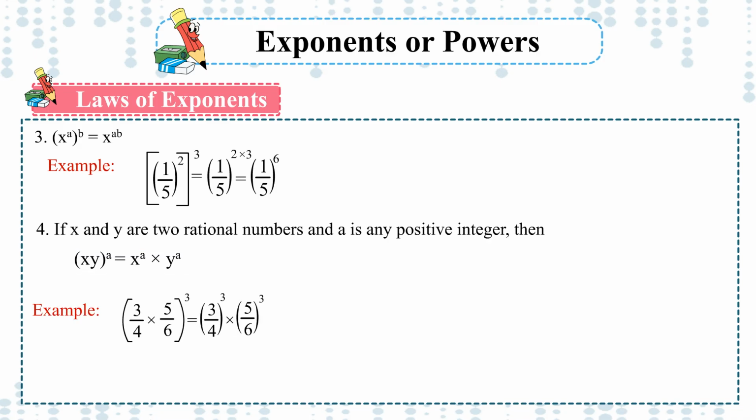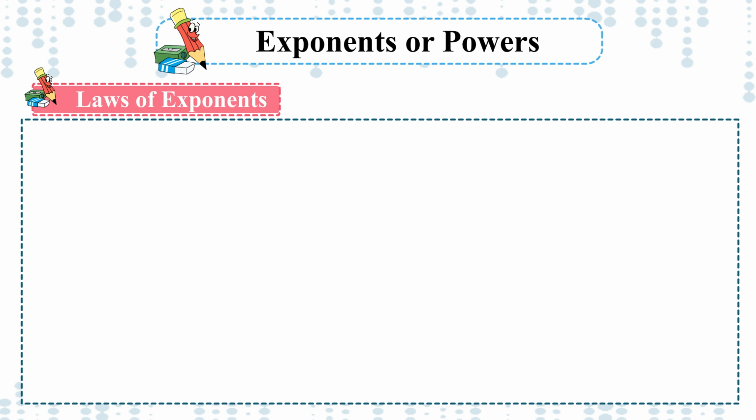Example: 3 upon 4 multiplied by 5 upon 6, raised to the power 3, is equal to 3 upon 4 raised to the power 3 multiplied by 5 upon 6 raised to the power 3.